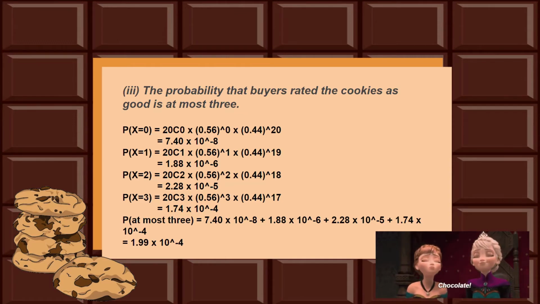So we just need to find the values of P(X=0), P(X=1), P(X=2) until P(X=3). After we get all the values, we sum them up together and get the final result. As you can see, following the same method and calculations, the final result is only 1.99 times 10 to the power of minus 4.